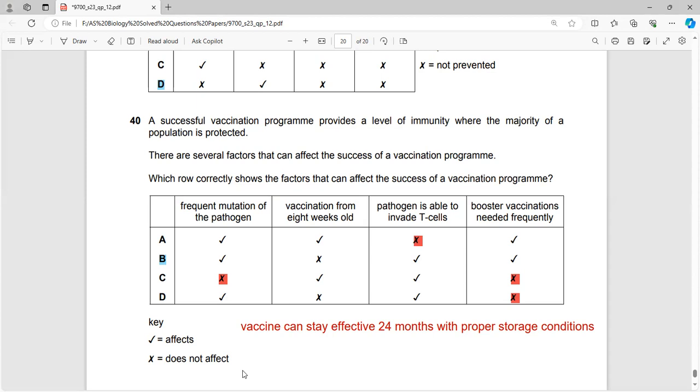It happens with the COVID vaccine. For some strains, some types of COVID vaccine, we need a third dose. That's a booster dose. So if we frequently need more booster doses, it is affecting the success of the vaccination program. So that's why B is our correct option here. So all are correct, only the 8-week time is not, since with proper storage conditions the vaccine will stay normal.